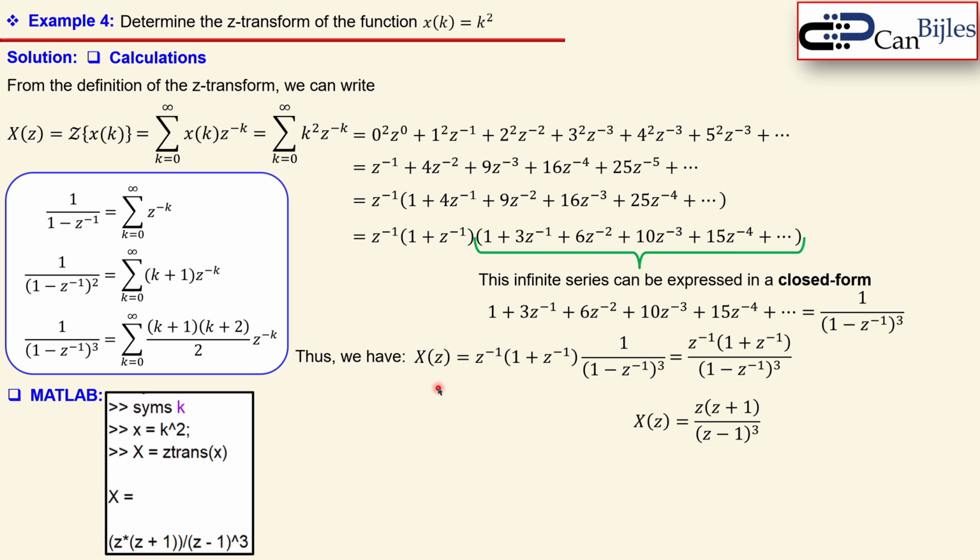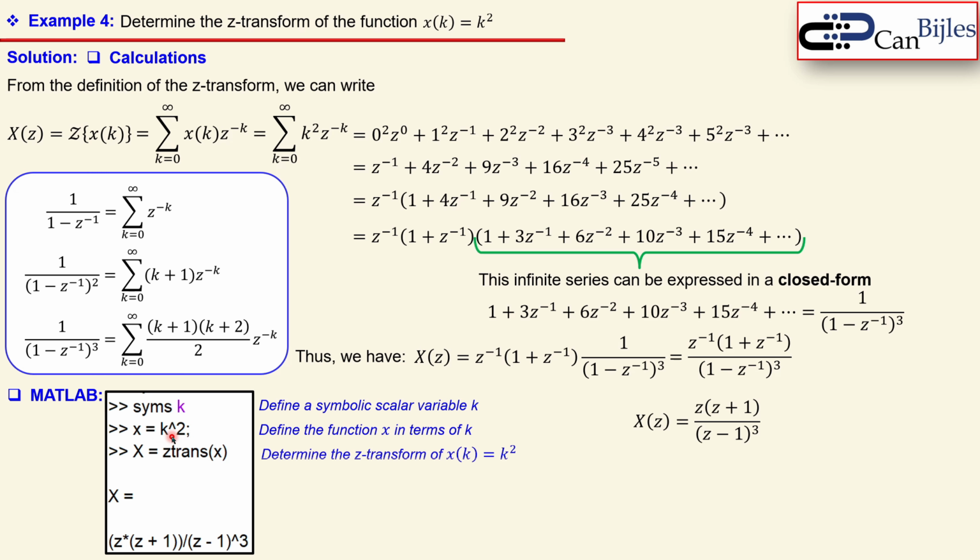Let's also see that in MATLAB. This is the definition of our symbolic variable, in this case k. We have x equal to k squared, and this is the z-transform of that, and this is the result. You see z times z plus 1 over z minus 1 quantity cubed, or to the power 3. So we can say this is indeed as we expected.